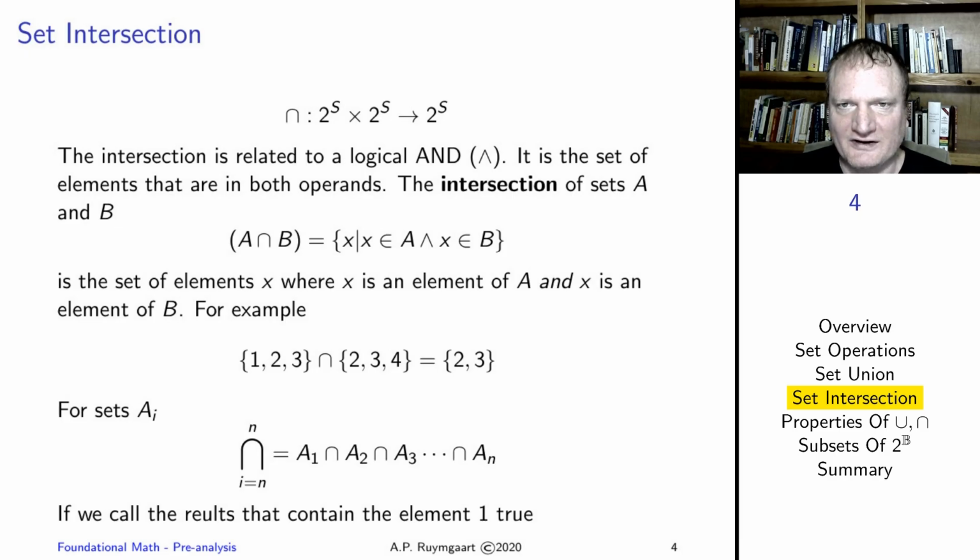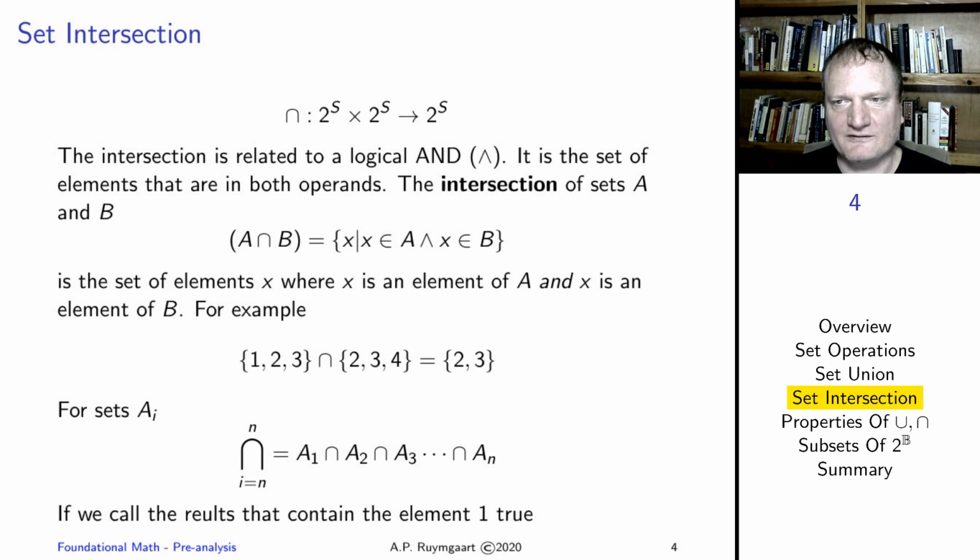The set intersection is another binary operation that takes two input sets and produces another set as output. The intersection is related to the logical AND operation. It's the set of elements that are common in both operands.